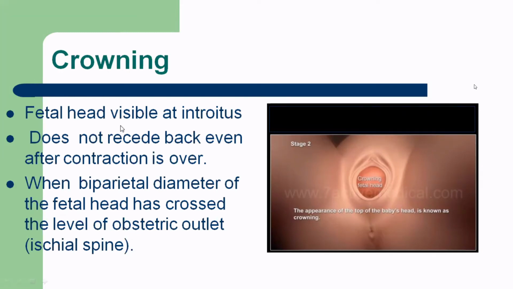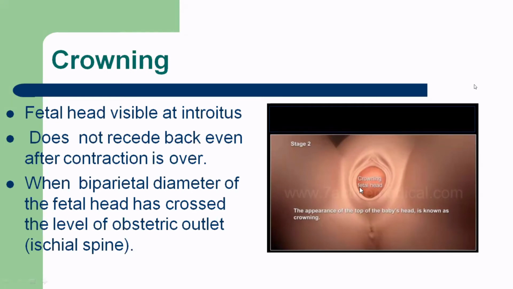Then how do we know that fetal head has crowned? Fetal head is visible at introitus and it does not recede back even after contraction is over. Until and unless crowning has occurred, the fetal head is visible during the contraction and it goes back when contraction is over. But when crowning has occurred, it does not recede back.